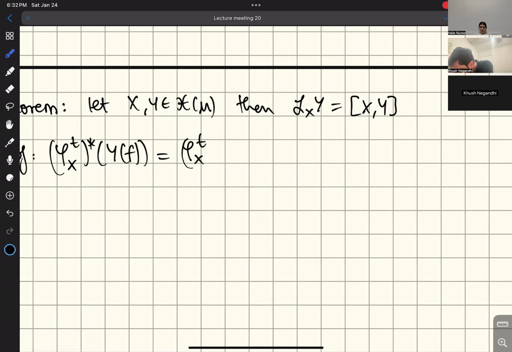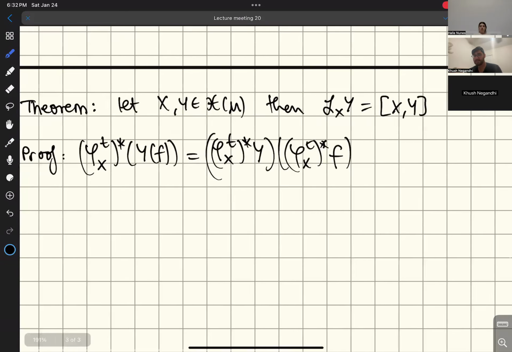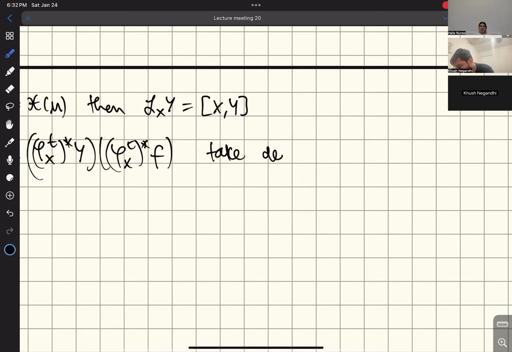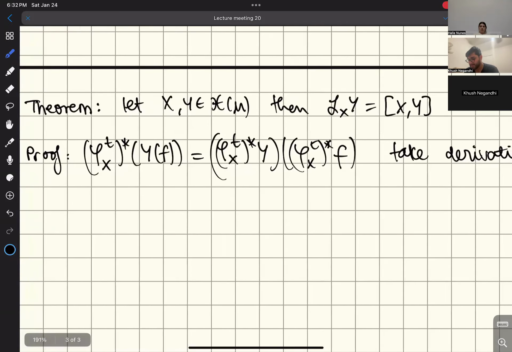So this is nothing but the pullback of the vector field applied to the pullback of the function. Now we're going to differentiate at t equals 0. By the definition of a flow, this thing just gives you X evaluated at the point, Y of f.